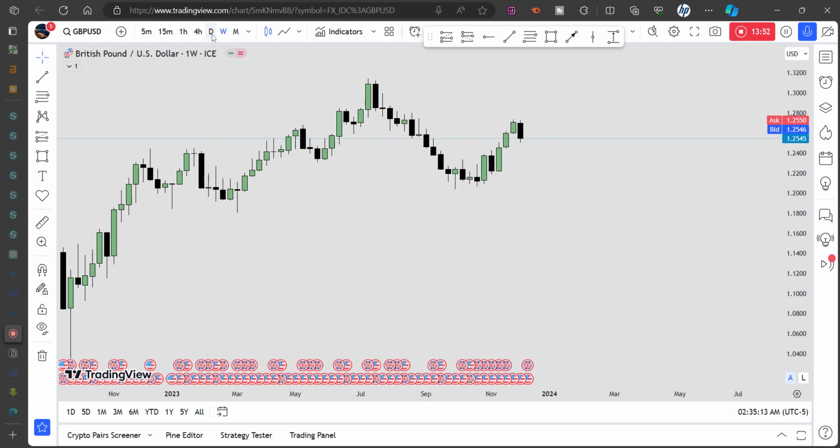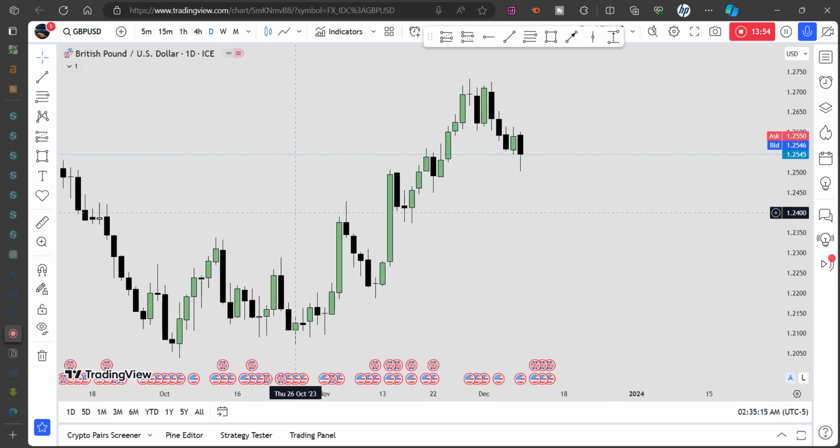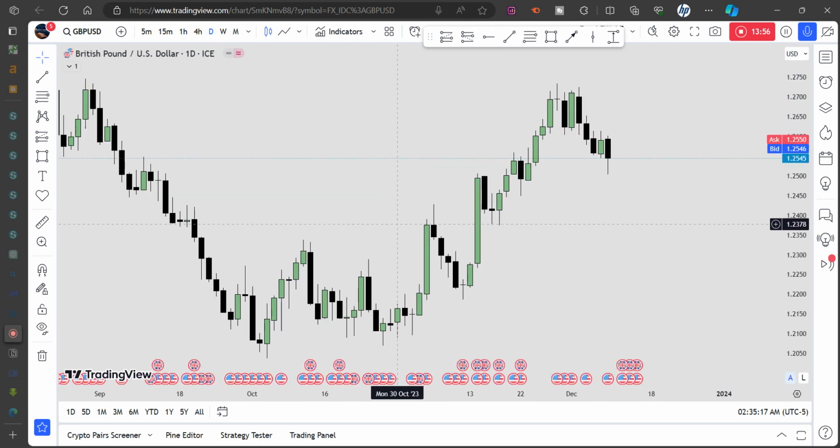Let me show you my example on daily time frame. You can see here, price broke this high here, and then closed above it.